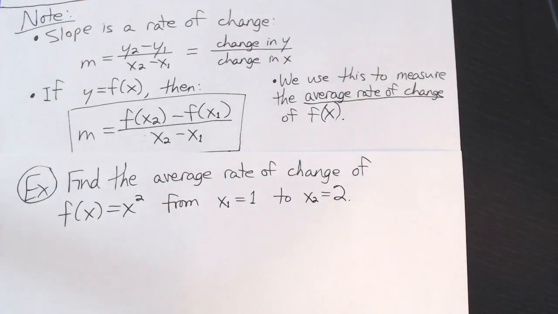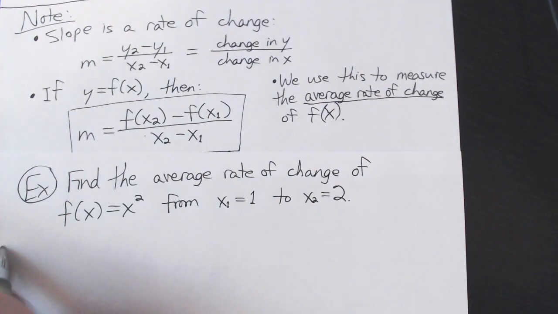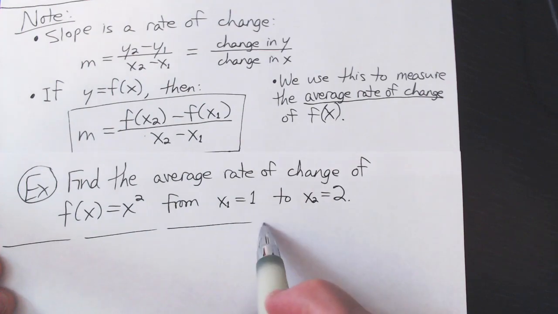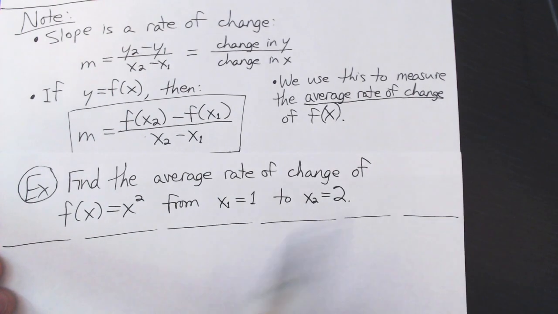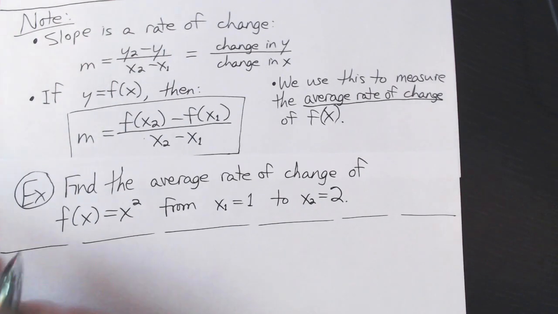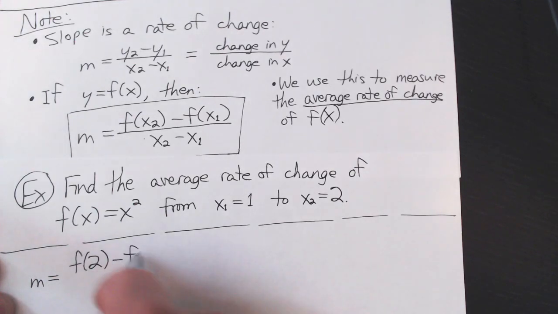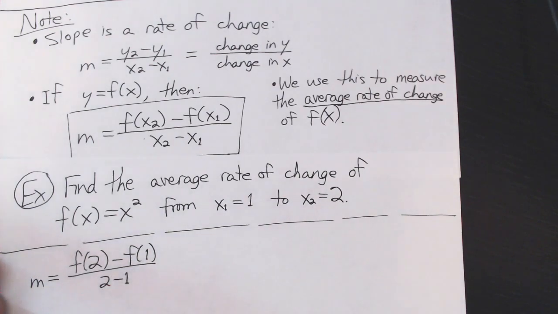This should actually be pretty quick. I mean, really, we're just going to use that formula. M equals, we have x1 and x2 given to us. So let's say f of 2 minus f of 1 over 2 minus 1.